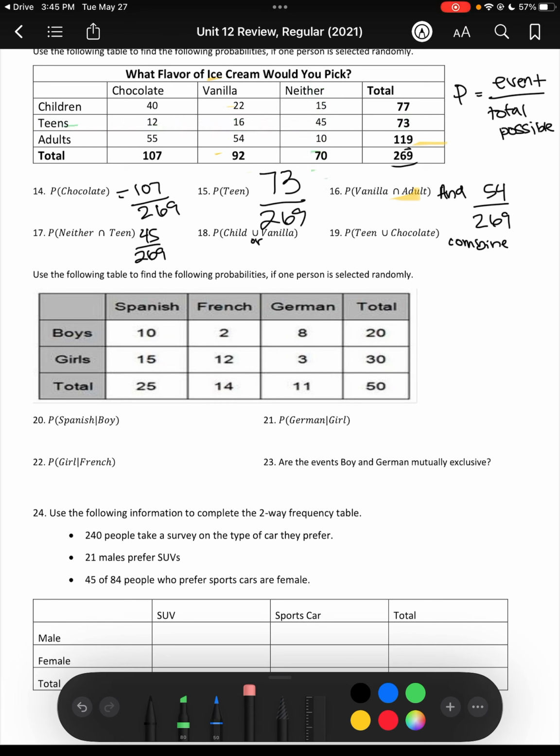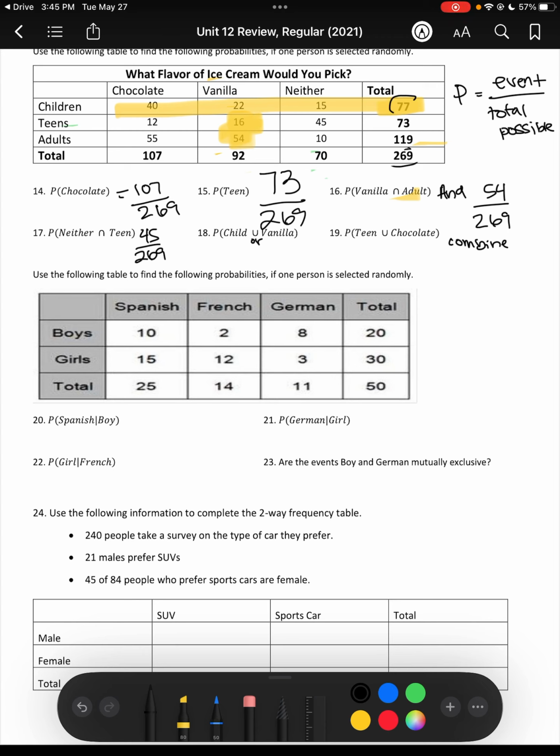Okay. When I do a combine problem, I'm going to start by taking the first thing, so all of the children. So we're going to take this 77 over here, but then we want to combine it with the people who like vanilla. Now there's a couple of ways to do it.